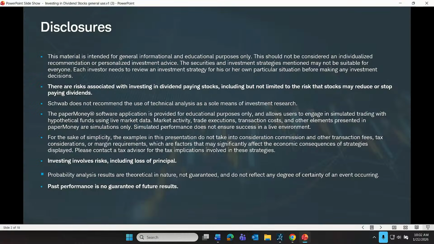Definitely some risks that we need to be aware of with REIT investing along with other types of dividend approaches. So bear these important disclosures in mind. This material is intended for informational and educational purposes only. There are risks associated with investing in dividend-paying stocks, including, but not limited to, the risk that stocks may reduce or stop paying dividends entirely.